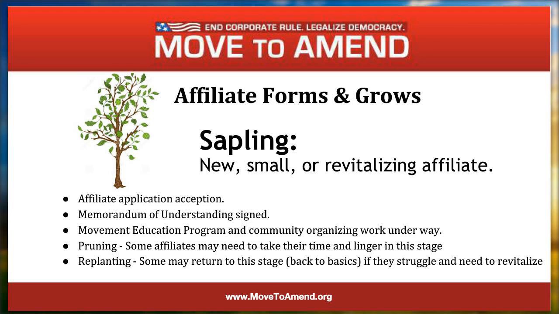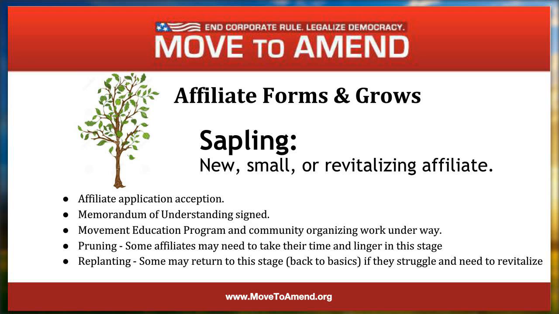Some affiliates may have actually started as an organization previously. They may have been their own organization and then wanted to get more involved with passing a 28th Amendment and decided to affiliate with Move to Amend.